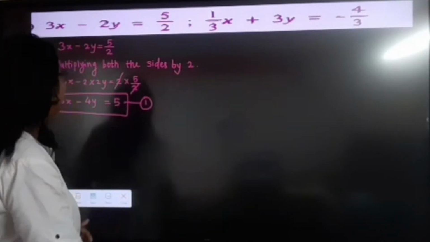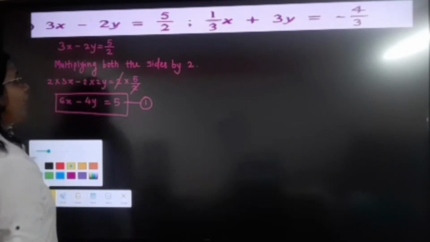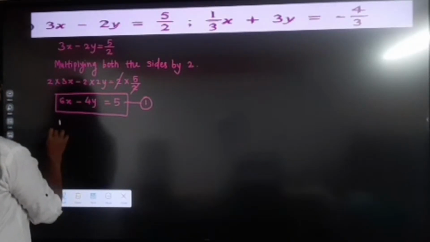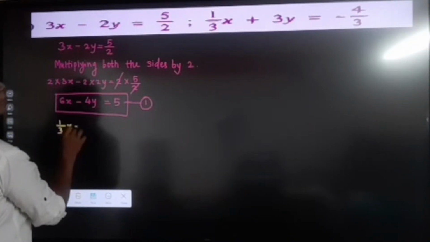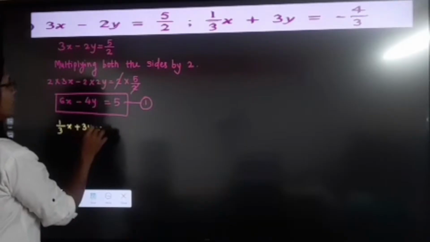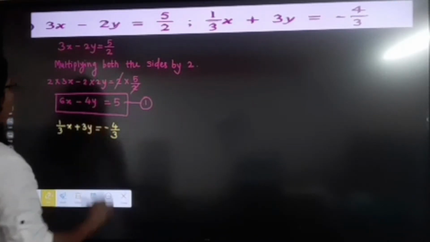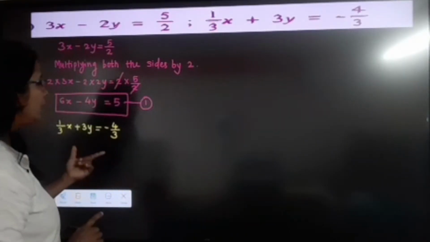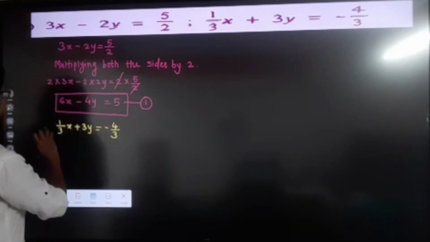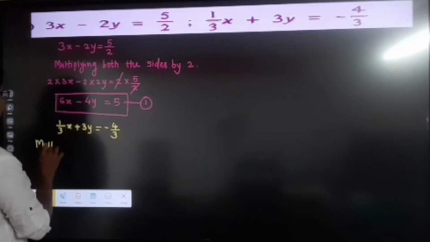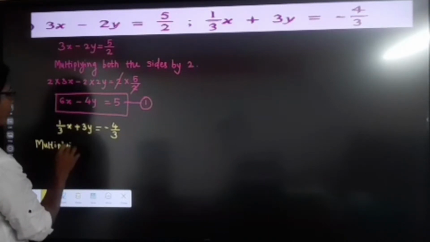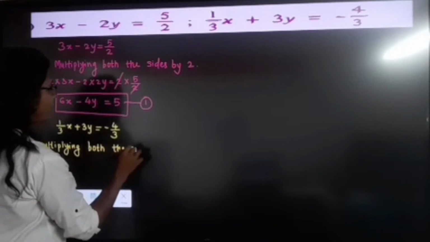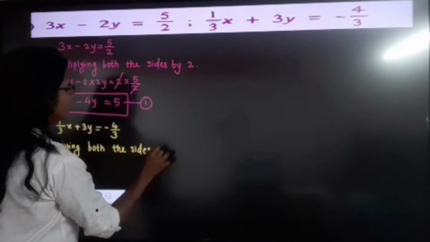Then the next equation is, see here I write down 1 upon 3x plus 3y is equal to minus 4 upon 3. Okay students, at the denominator place there is 3. So I multiply both the sides by 3. So I write the instruction: multiplying both the sides by 3.